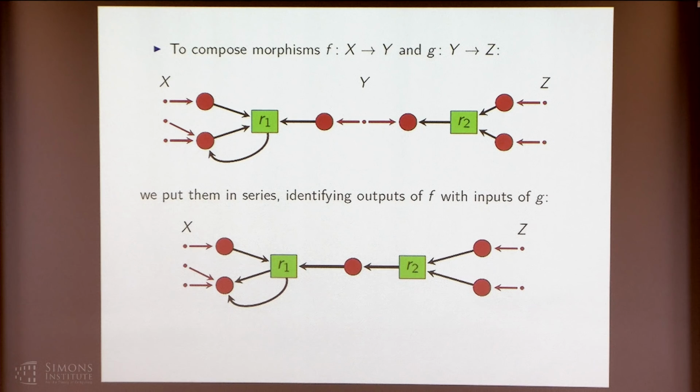So we just identify the outputs of one with the inputs of the next. And then you can tensor morphisms as well, just by taking one of them and another one and drawing them side by side. So you take the disjoint union of the input sets, the disjoint union of the output sets, and you set the Petri nets side by side to get the tensor product in this category.